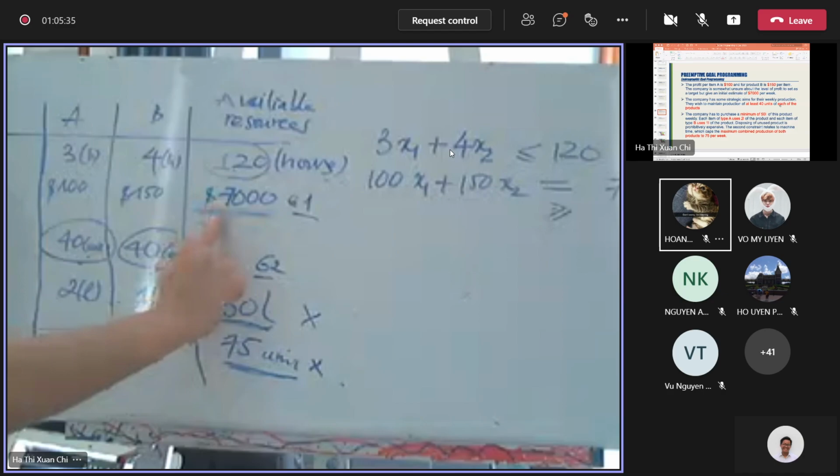So 2x1 versus 1x2, right? Minimum is lesser than.